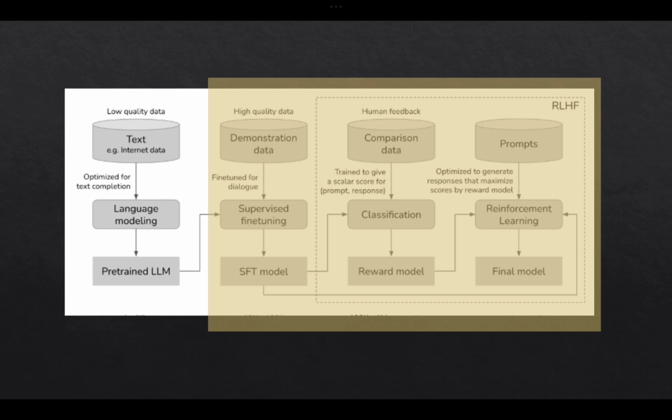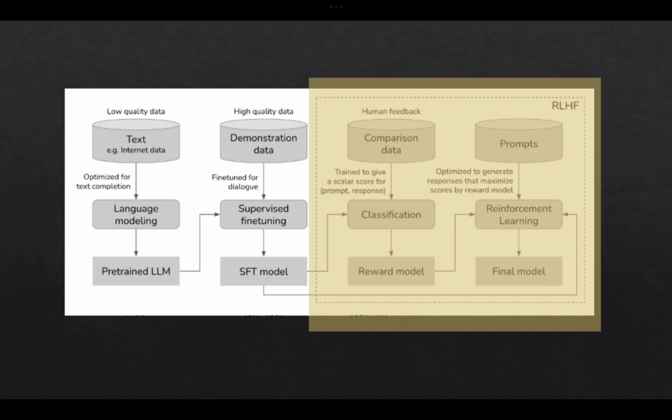Then comes the next step, the SFT phase, or supervised fine-tuning phase, where we take high quality data, generally called demonstration data, and use it to fine-tune the pre-trained LLM with a supervised technique. The output is what we call the SFT model.